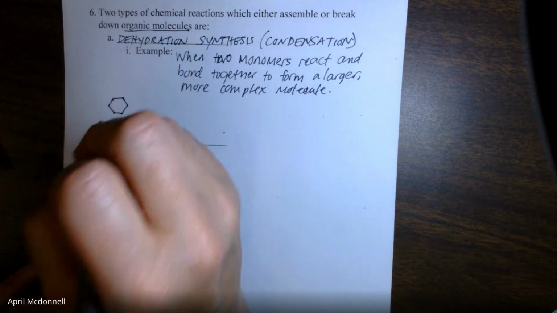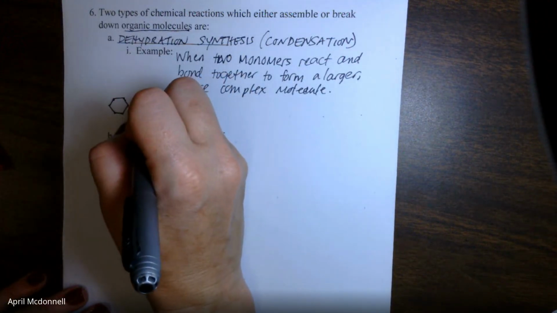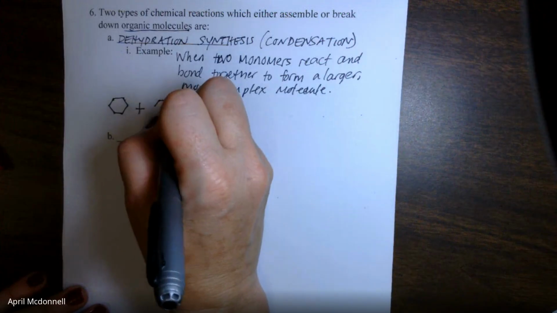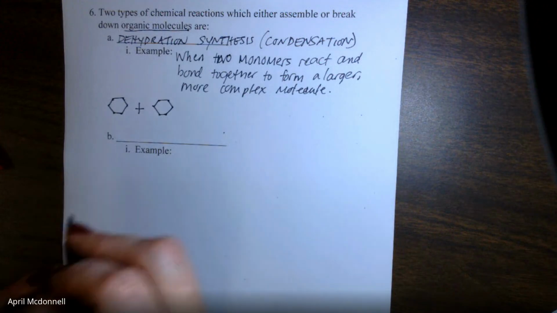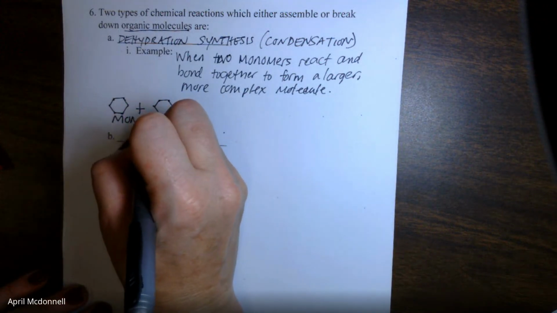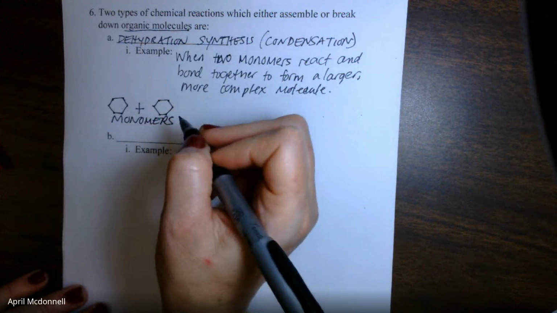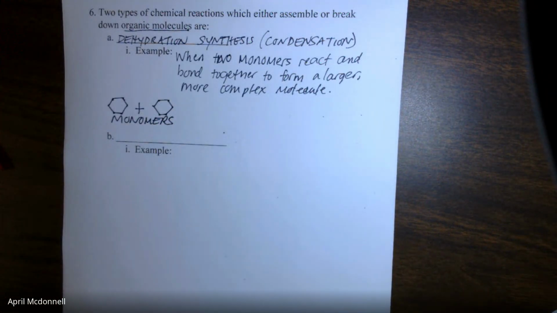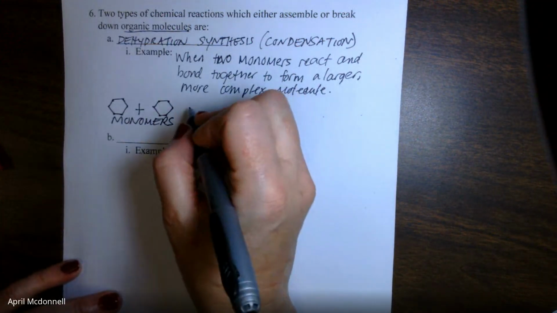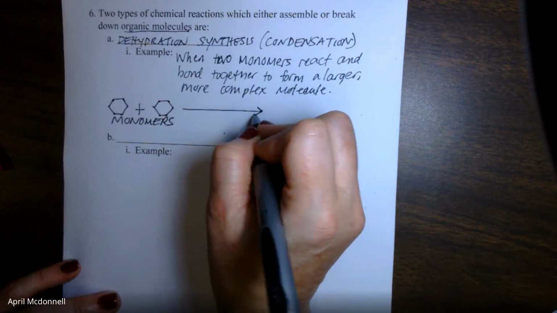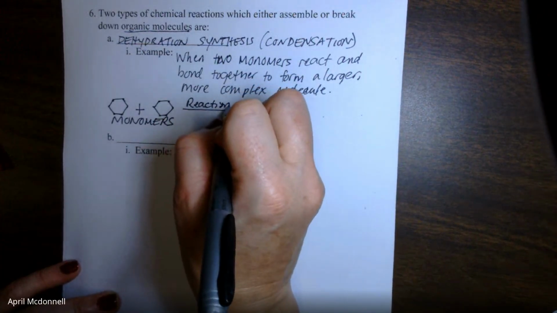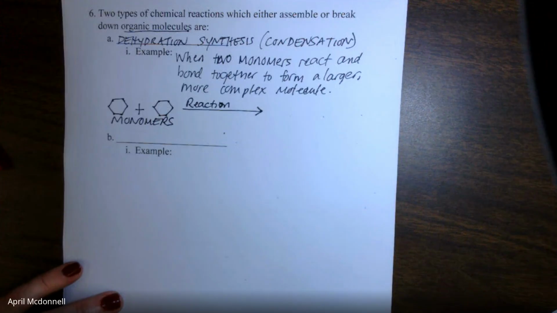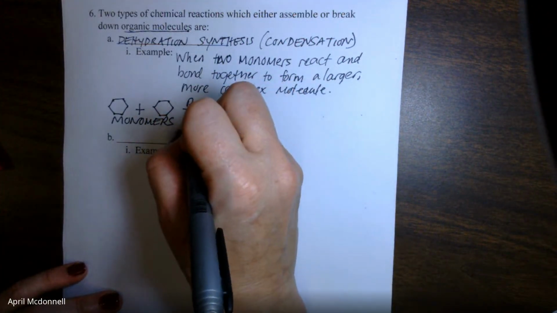So here's one hexagon, and I'm going to put a plus sign because it's going to bump into and react with another hexagon. So the individual hexagons are going to be called monomers. Remember that the hexagons represent something that we call carbon rings. I'm going to draw an arrow that's going to indicate a reaction. In this case, the reaction is going to be called a dehydration synthesis reaction.